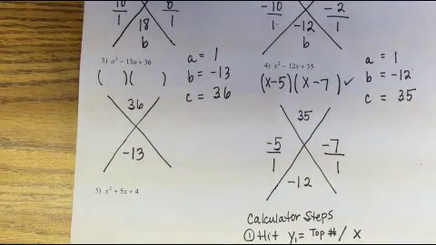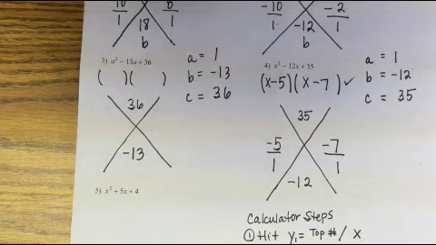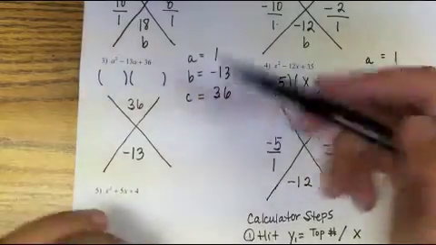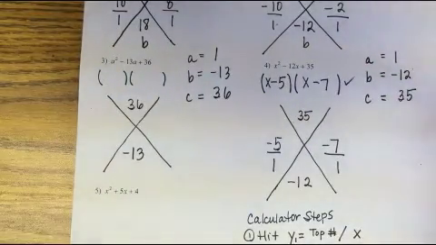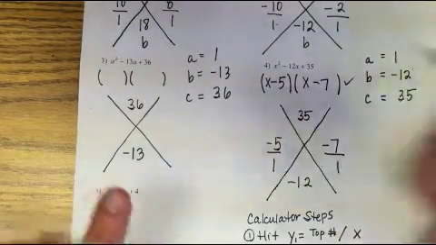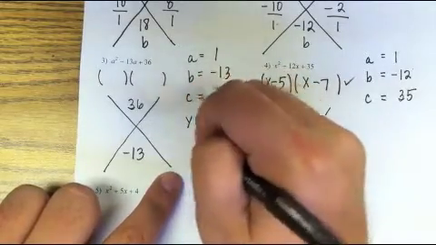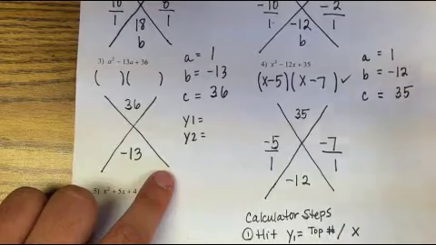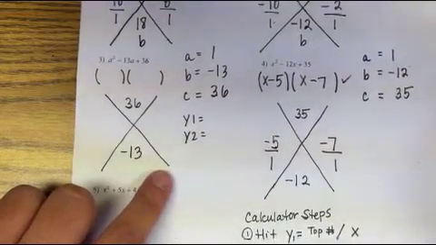Now, for this example, I'm going to show you the calculator one more time, just in case you didn't understand it, or if you understand it, you just want to check with me. So, in y1 and in y2, what are you going to put according to my calculator steps that we wrote down?